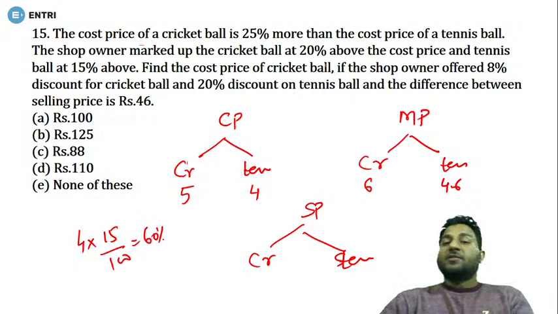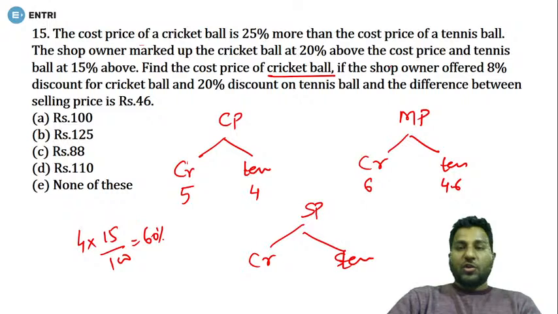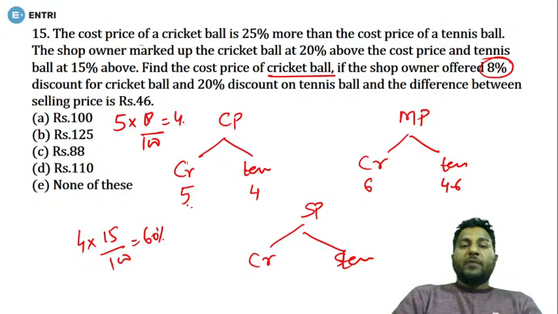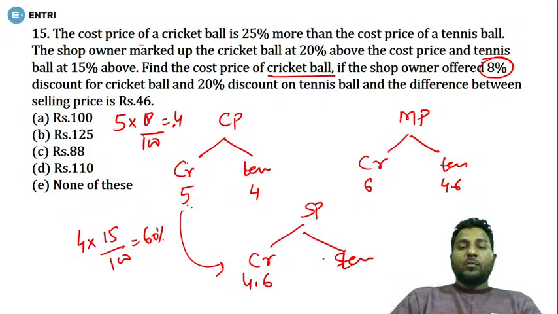So we need to find the cost price of the cricket ball, if the shop owner offered 8% discount. Okay, don't worry, just a minute, let me correct it.